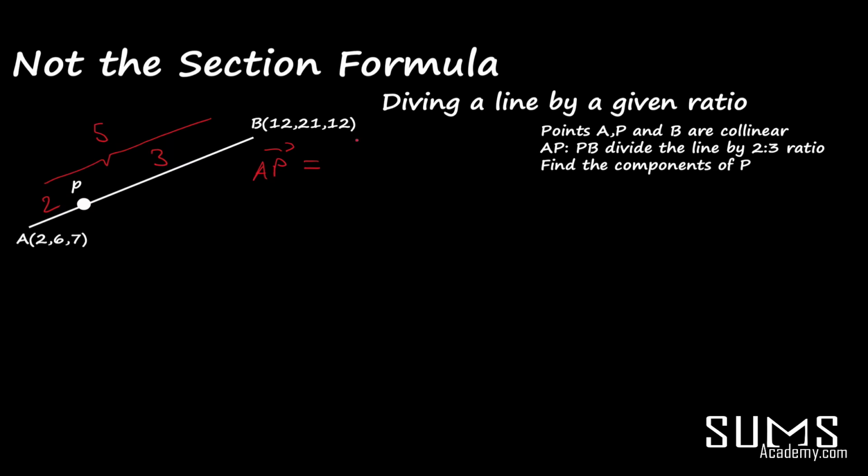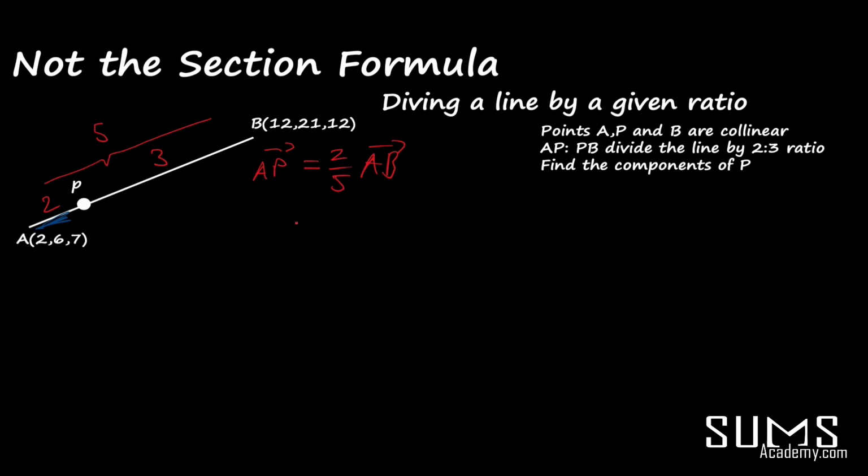What we're going to do is take 2/5, because that distance there is actually 2/5 of the total distance. That is AB, the whole line. So this here is 2/5 of the entire line here.